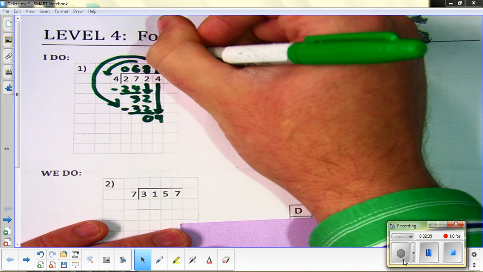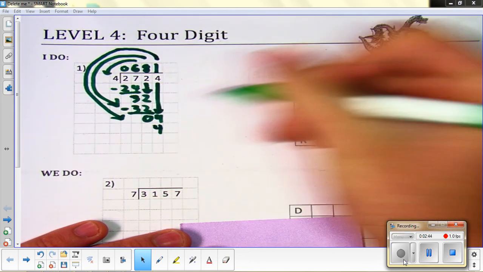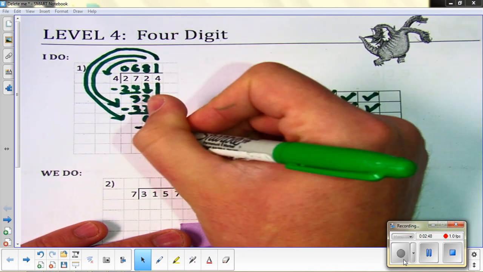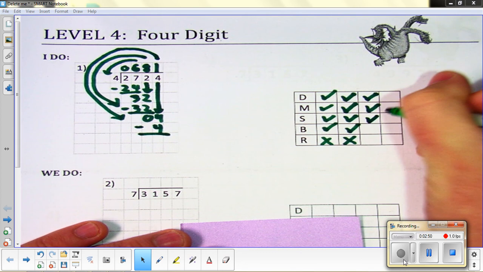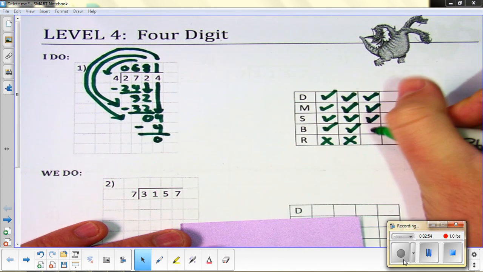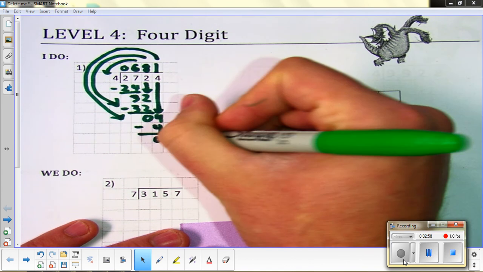I do my multiplication. My subtraction. There's nothing to bring down, and my remainder is 0.